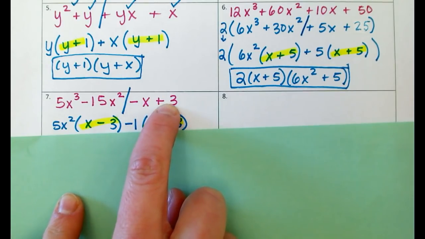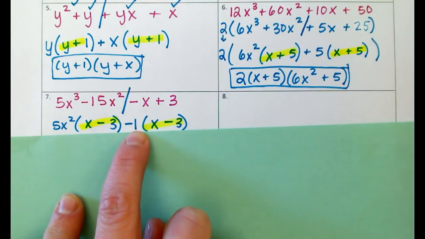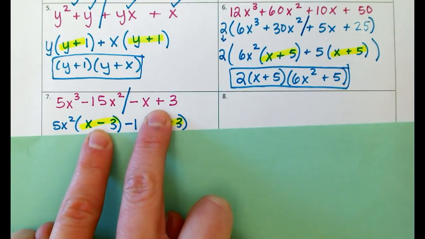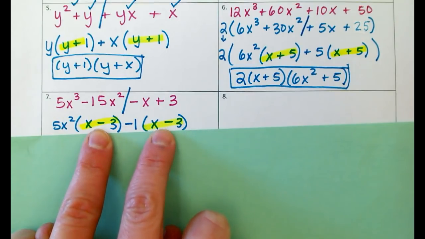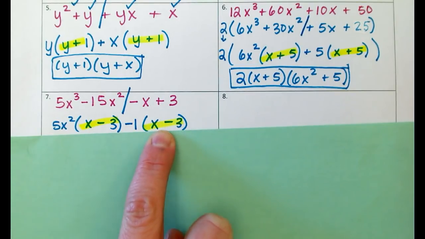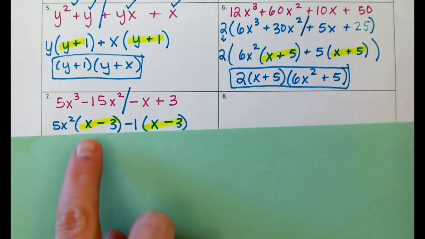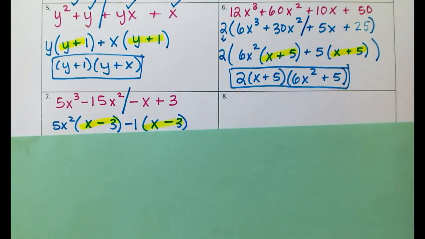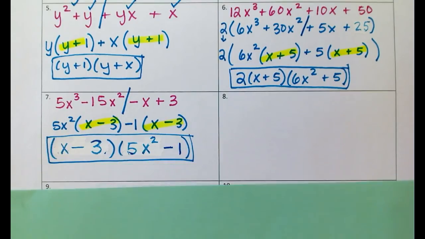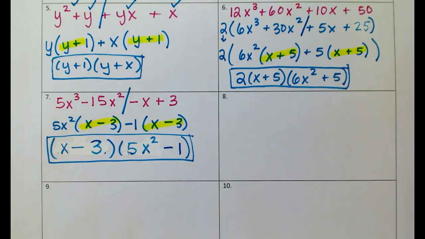So very similar to example 4, I knew I had to only factor out a 1. But in order to get my signs to be exactly the same, I factored out a negative 1. Then I had x minus 3 on both of those terms. So my final answer was x minus 3 times 5x squared minus 1.